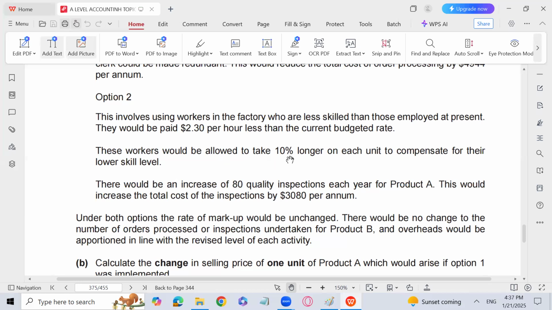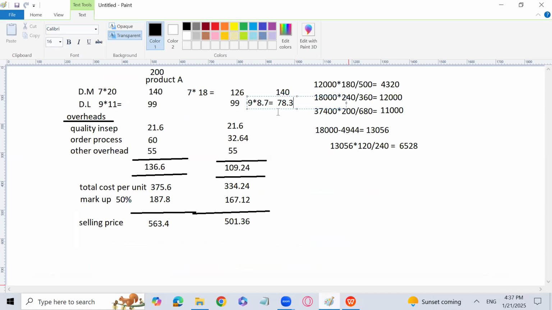These workers would be allowed to take 10% longer on each unit to compensate for their lower skill level. So there is a quick change again: 9 hours is not being taken now, they are taking 10% longer, so that is 9.9 multiplied by 8.7. That will be our direct labor cost per unit, which is 86.13.